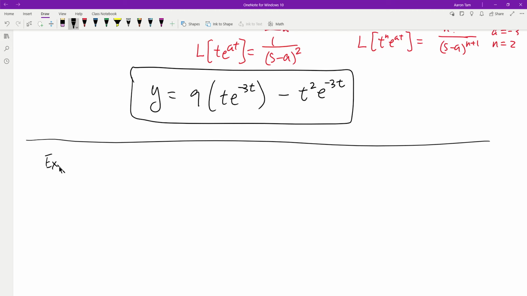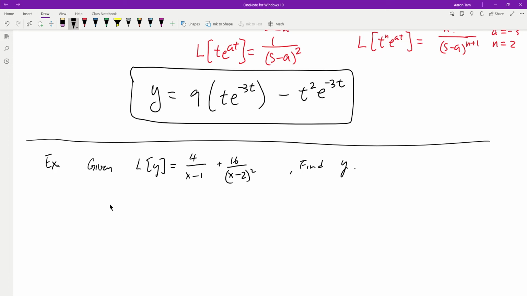So here's our next example, which once again just came from one of the examples that we've done. Let's say we're given the Laplace transform of y is equal to 4 over s minus 1 plus 16 over s minus 2 squared. Then the question asks you to find y.